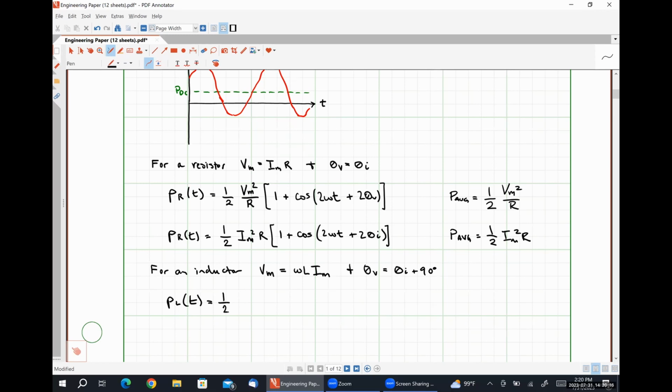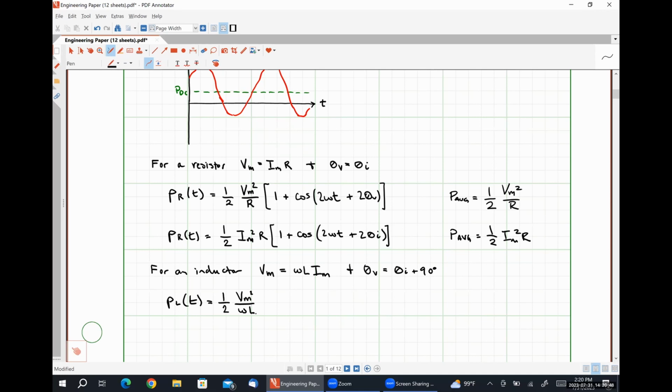IM could be expressed as VM over omega L. So that means we're going to have VM squared divided by omega L. Now we're going to have the cosine theta V minus theta I part, right? So if theta V is equal to theta I plus 90 degrees, then theta V minus theta I is theta I plus 90 minus theta I.